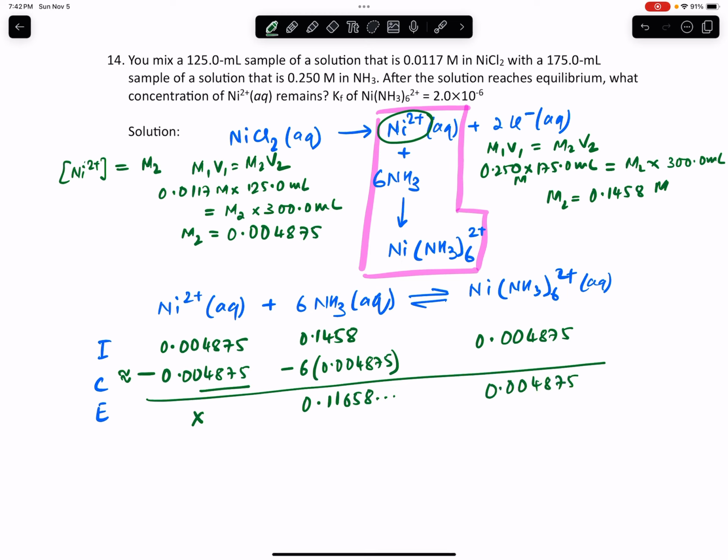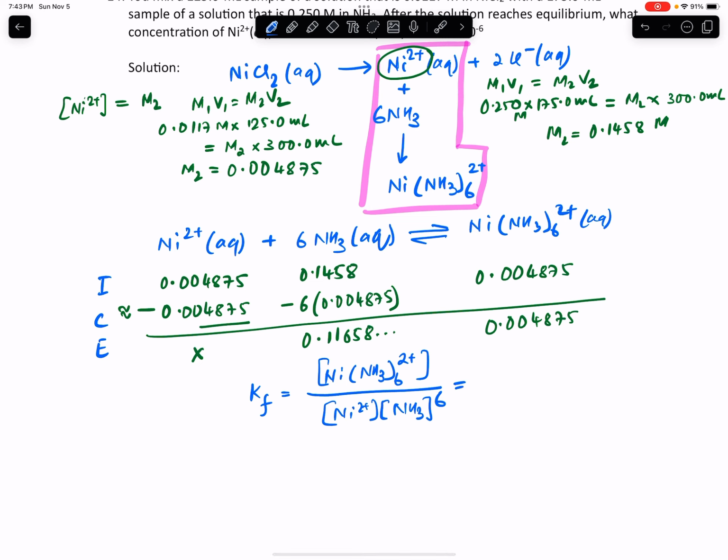Now, since Kf is given to us as 2.0 times 10 to the negative 6, let's write the expression first. I'm going to change colors back to blue. Kf is equal to the concentration of nickel 6 ammonias 2 plus, divided by nickel 2 plus times the concentration of ammonia raised to the power of 6.